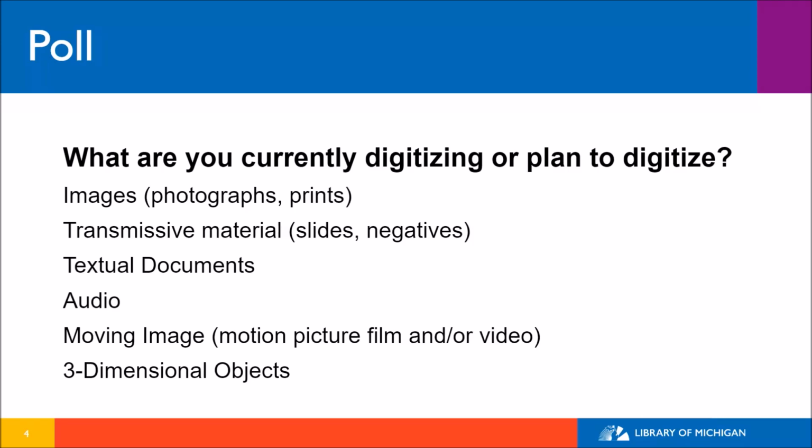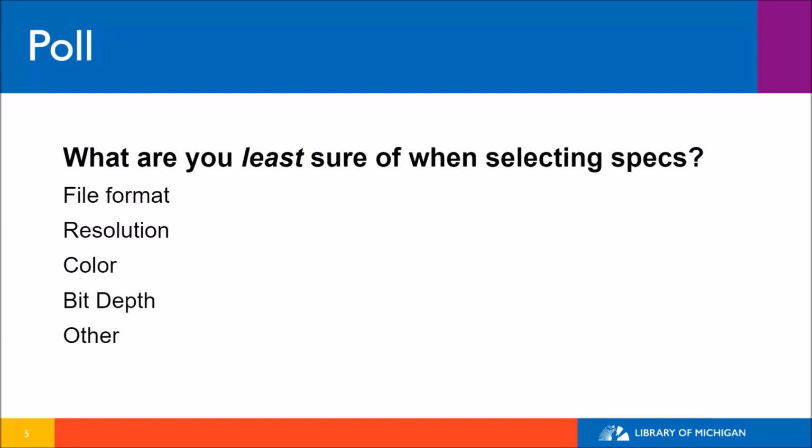And I'm going to go to the next poll, which is, what are you least sure of when you're selecting specifications? File format, resolution, color, bit depth, or other. And if you select other, please feel free to drop it into the chat so we know what it is. Looks like mostly across the board. Here, I will end the poll.